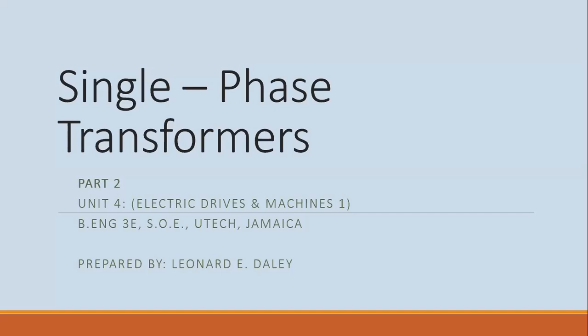And then we calculated the core loss current, that current that would supply the losses, and the magnetizing current, that current that would provide the magnetizing flux that would induce an EMF in both windings.